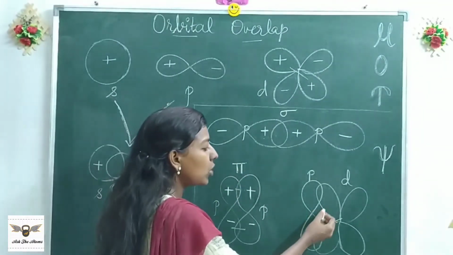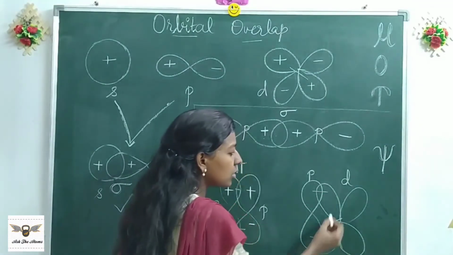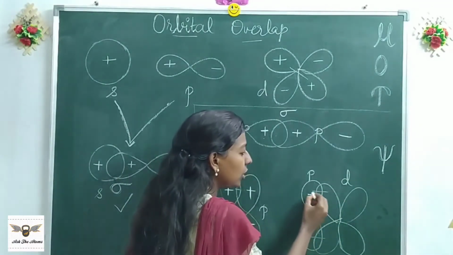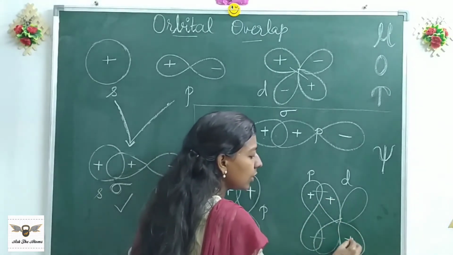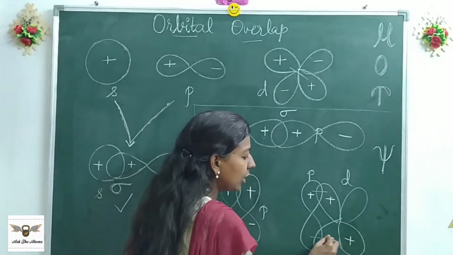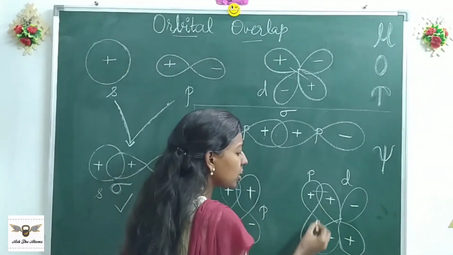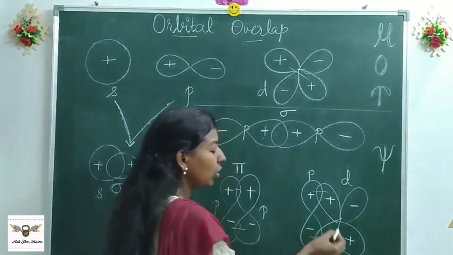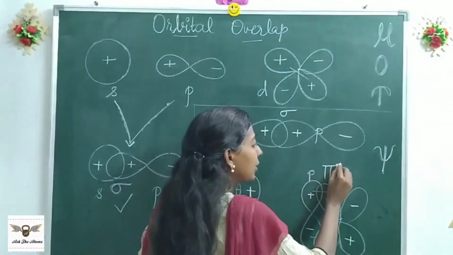And look at this, I have shown another pi bond formed between p and d. If this is positive, the adjacent lobe is going to be negative, and this is going to be negative. In the p orbital, if this is positive, this is going to be negative. So you see there is a good overlap. This is feasible, and again I call it a pi bond.